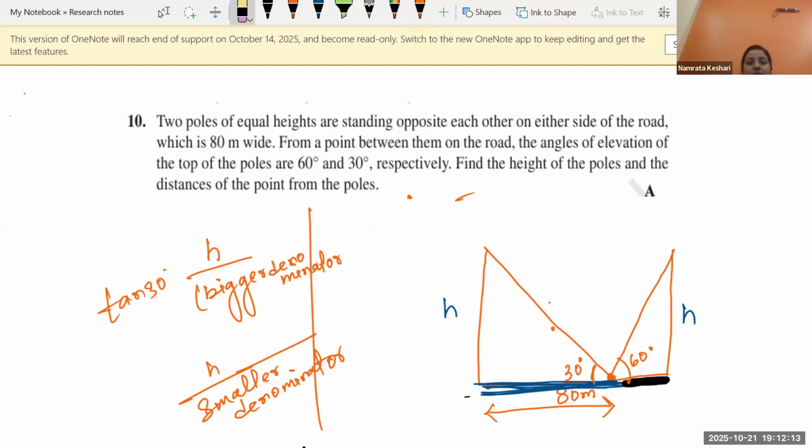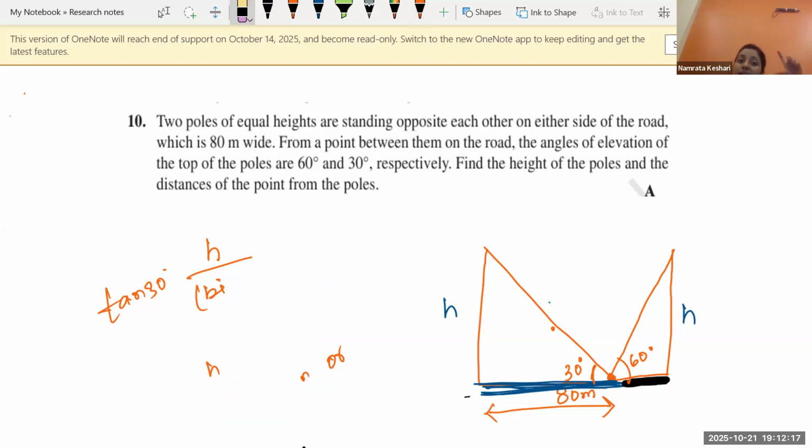Yes. And we only do this when the height is exactly the same. If the heights are different, then we will not think about anything at all; we will just mark the angle anyway. Clear? Yes, ma'am. So this is how we'll be marking the angle.